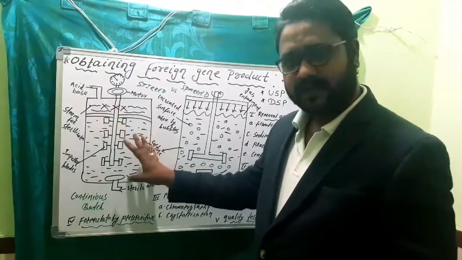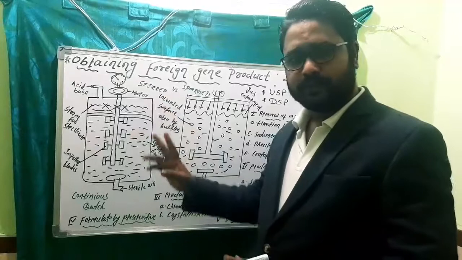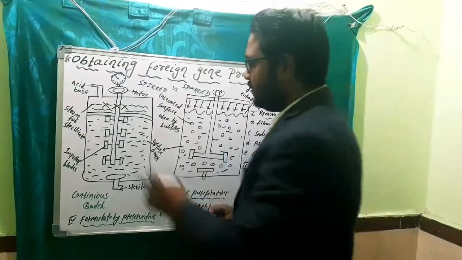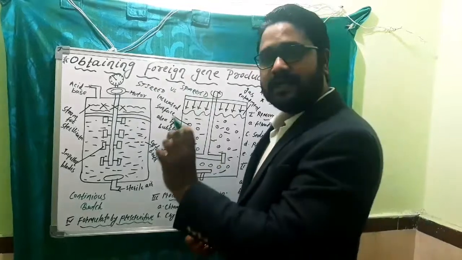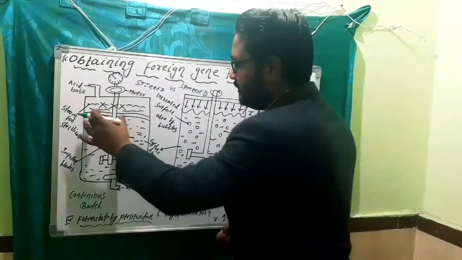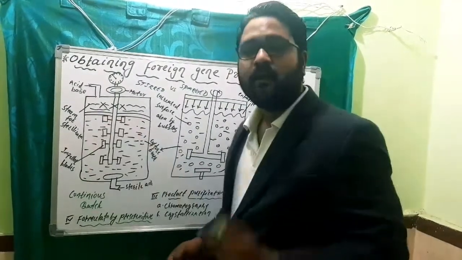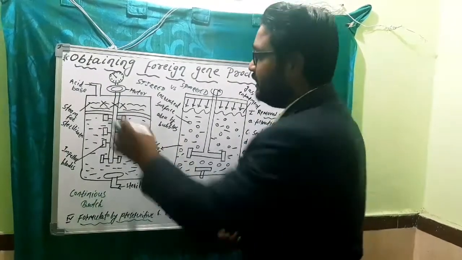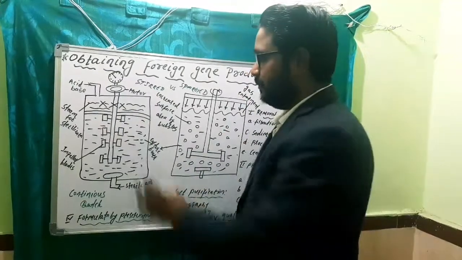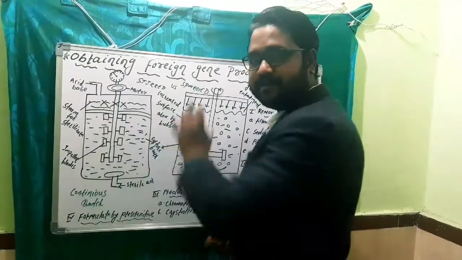This entire workspace can be divided into two spaces. This one down is the working volume of this bioreactor, and above this is the head space. So it has two volumes, working volume and head space volume.